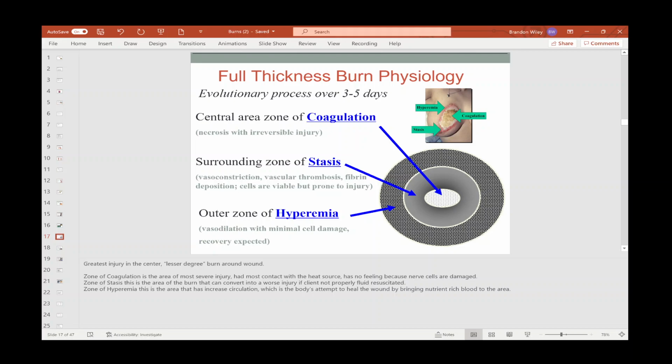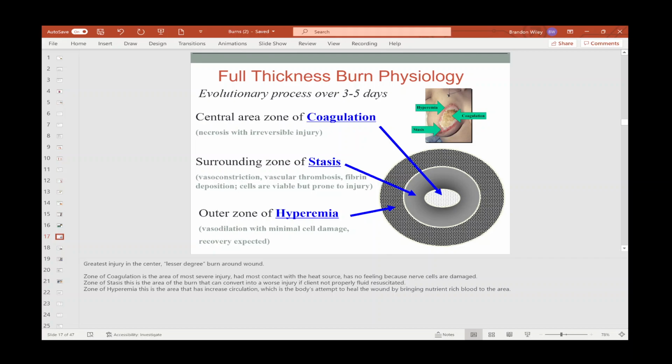The hyperemia, there you have vasodilatation because you have a burn, right? It's trying to pull itself off. So you have the vasodilatation, you have the permeability with the vessels, but you have minimal cell damage. So that we're going to keep as long as we save our patient.